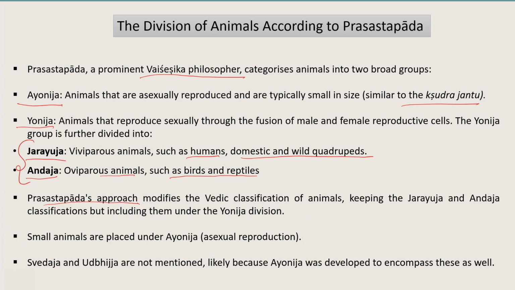Prasastapada's approach modified the Vedic classification of animals, keeping the Jarayuj and Andaj classification but including them under the Yonij division. Small animals are placed under ayonij, asexual reproduction. Svedaj and Udbhij are not mentioned, likely because ayonij was developed to encompass these as well.